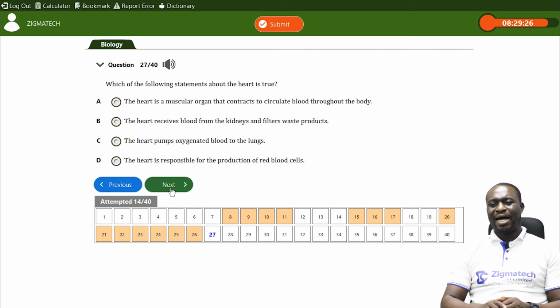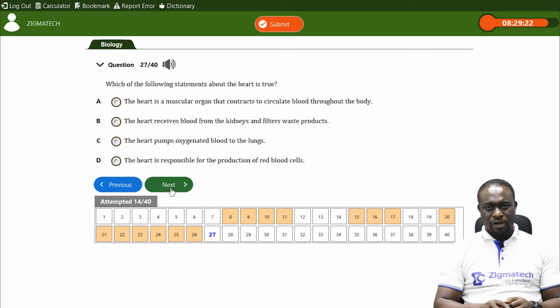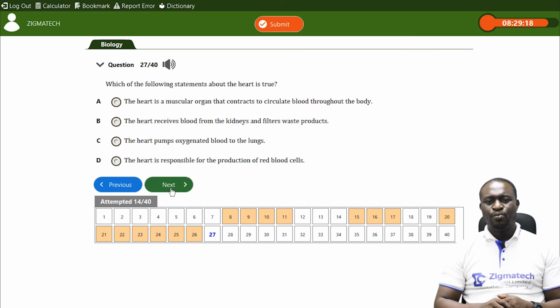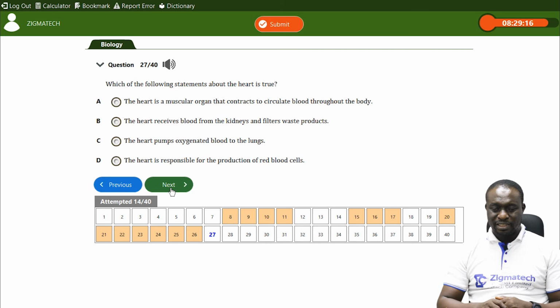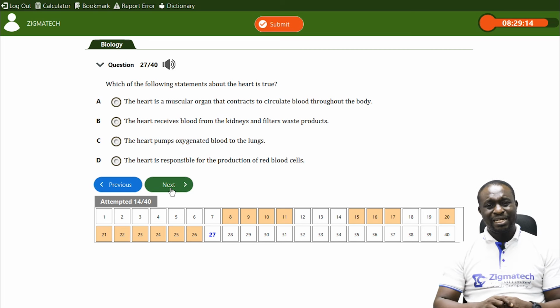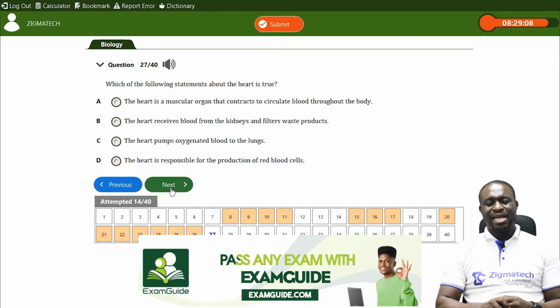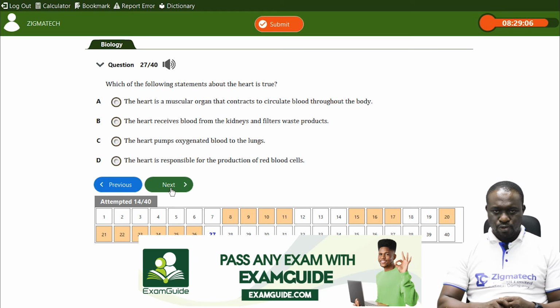Option D says that the heart is responsible for the production of red blood cells. Wrong. Option D is also wrong. The heart is not responsible for production of red blood cells. What is actually responsible for the production of red blood cells is the bone marrow.